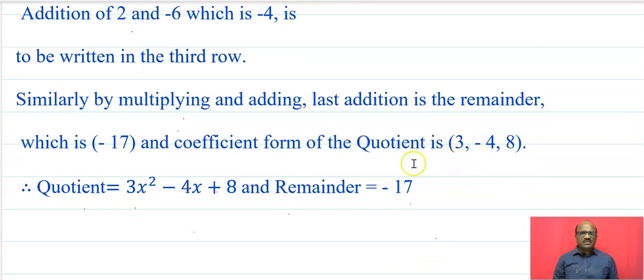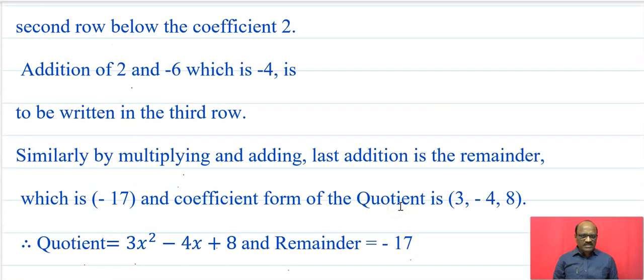The quotient coefficients are 3, minus 4, 8. Therefore the degree is 2, and it is written as 3x square minus 4x plus 8. The remainder is minus 17. In this way, 3x cubed plus 2x square minus 1 equals (x plus 2) times the quotient 3x square minus 4x plus 8, plus the remainder minus 17.